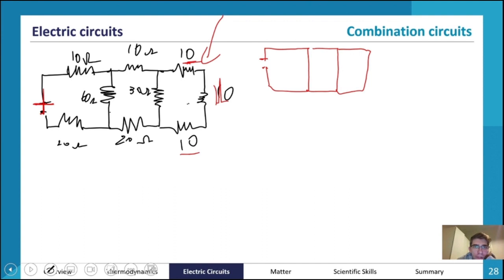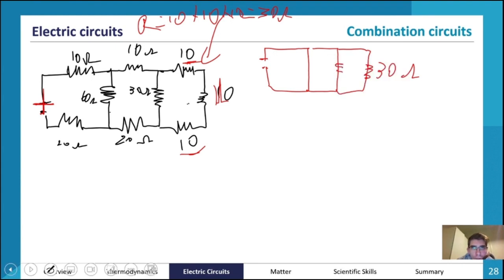I know that 10 plus 10 plus 10 will equal 30 ohms.